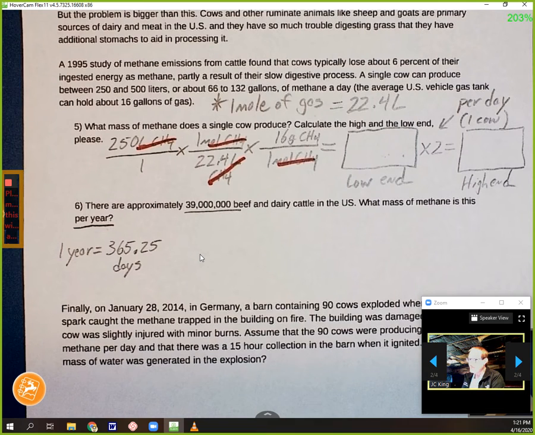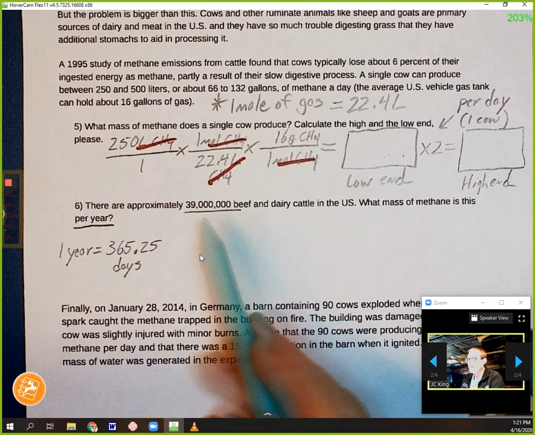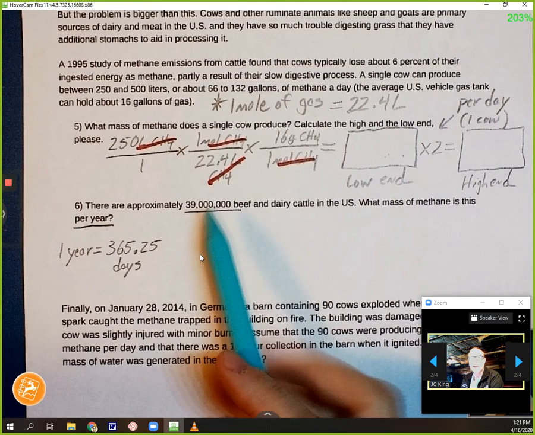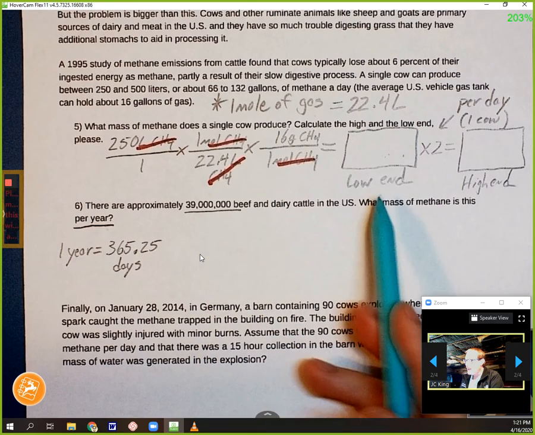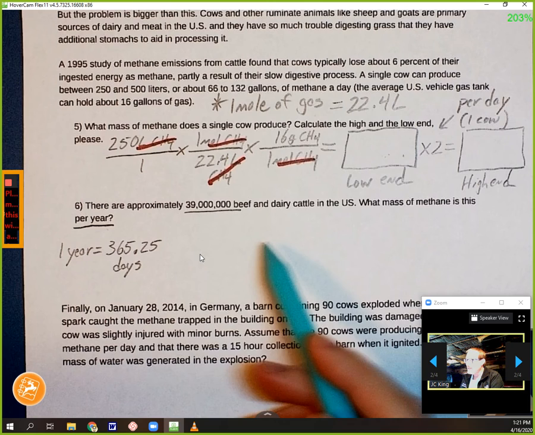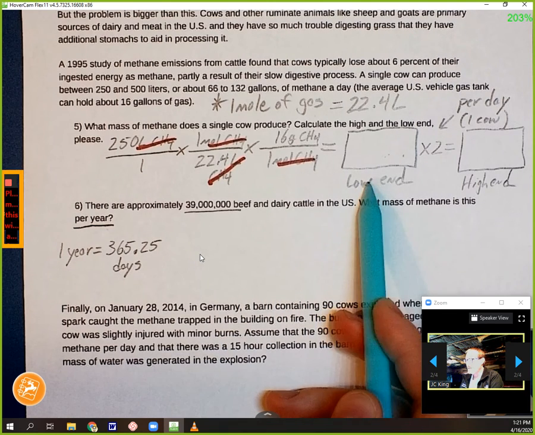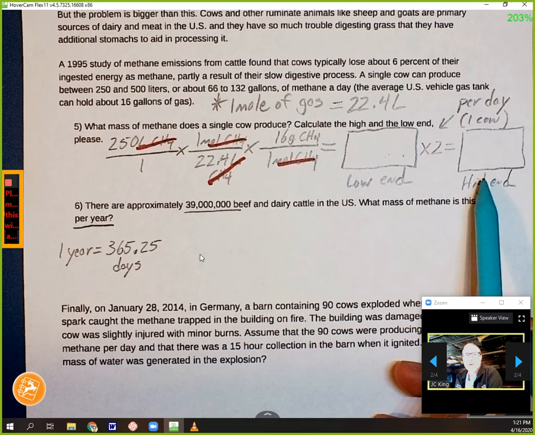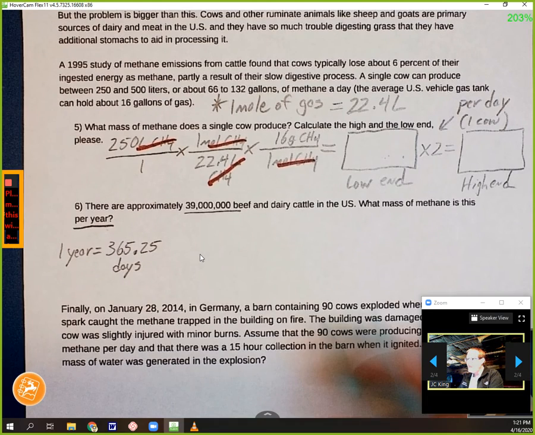And then, of course, instead of 1 cattle, I'm not sure that's how you say that, instead of 1 walking burger bag, you're going to have to do it for 39 million of them. And after you get that answer, if you use the low end number, you're going to want to go times 2 and do it for the high end number as well. I'm going to leave all of that to you.